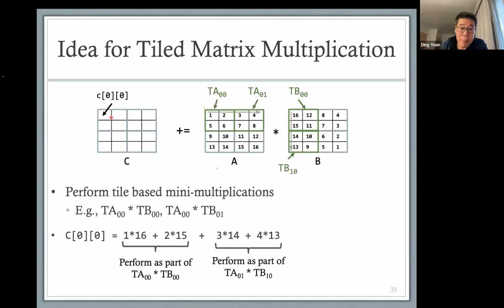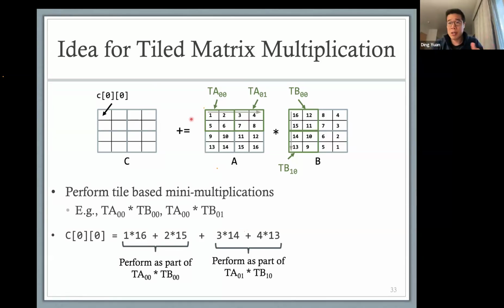But if we can reorder them, the next C, this one, will be the sum of the first row and second column. If we can break it apart, the idea is to assume this small block fits in the cache with this small block and this small block. We do all the computations involved with these small blocks before we move on to the next block.